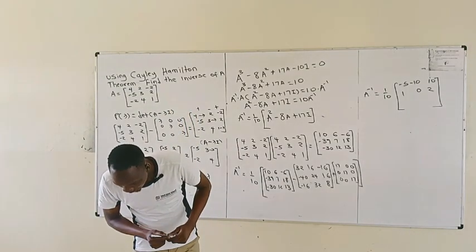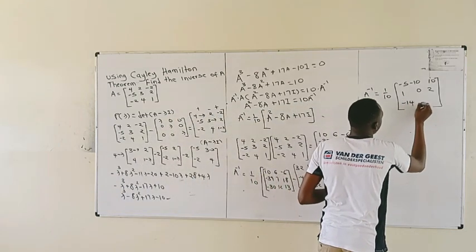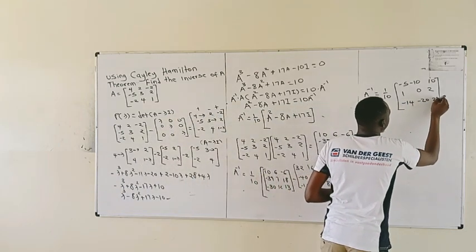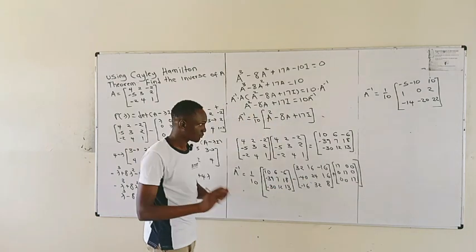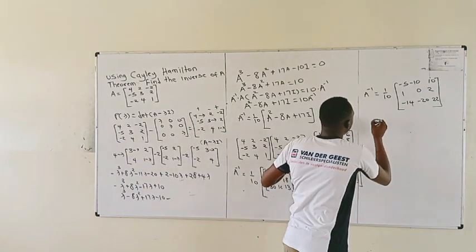Then we'll have minus 14, minus 20, 22. Then we multiply across by 1 over 10.